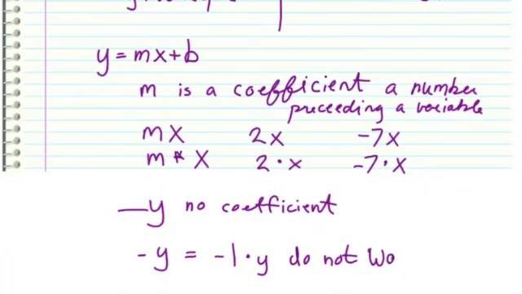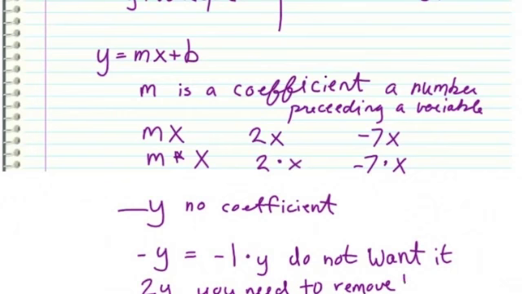And I do not want this. So whenever you see a negative sign in front of a y or a coefficient in front of a y, maybe a 2y, you need to remove the coefficient, so you need to remove the 2 in order to have it properly in slope-intercept form.